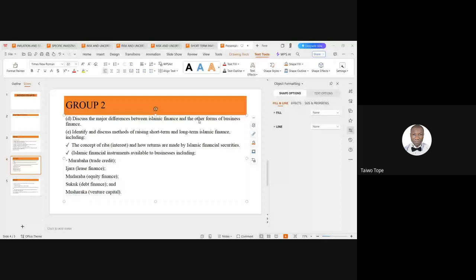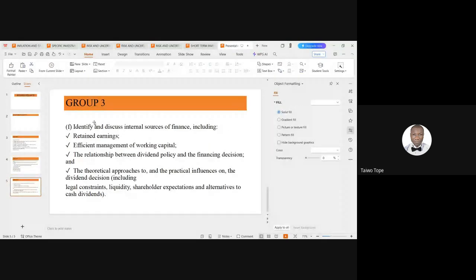They also talked about the issue of efficient management of working capital. We've talked about this in some of our discussions over time when we were talking about balancing liquidity and profitability. The concept of efficient management of working capital is that it aids in optimizing receivables, payables, and inventory to free up cash for financing.